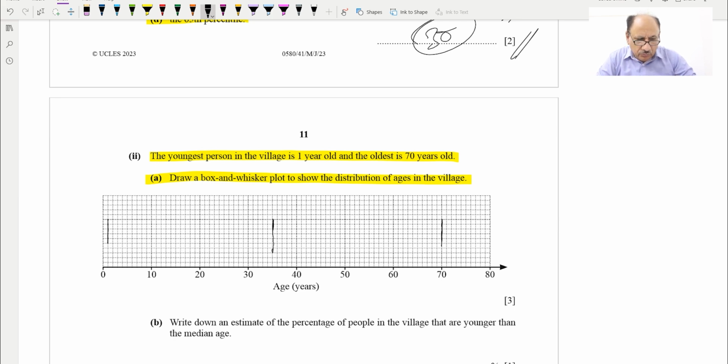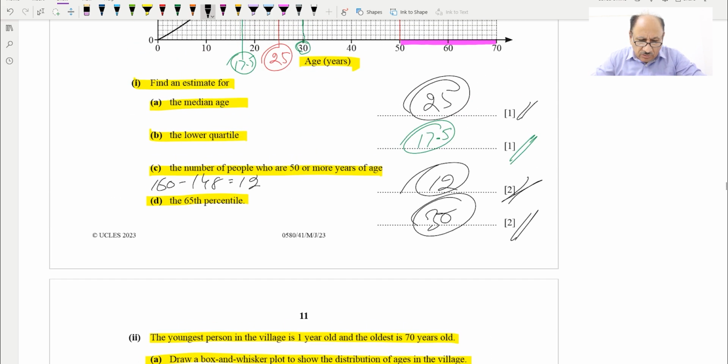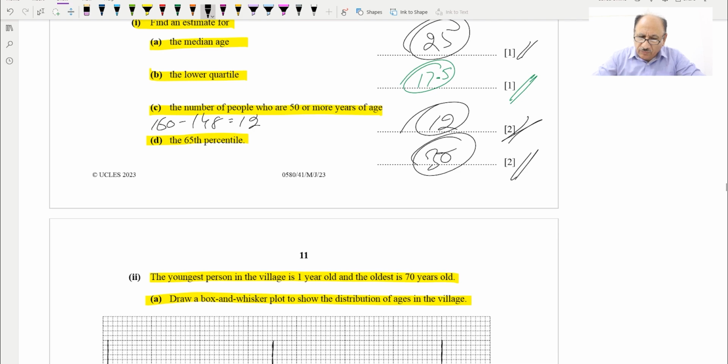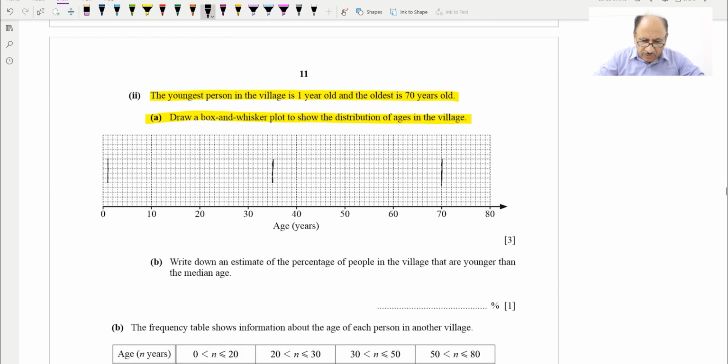We have drawn this mark up to 25. So next, this is the median value. Lower quartile is 17.5, which we have calculated in B part. So 17.5 will be here.